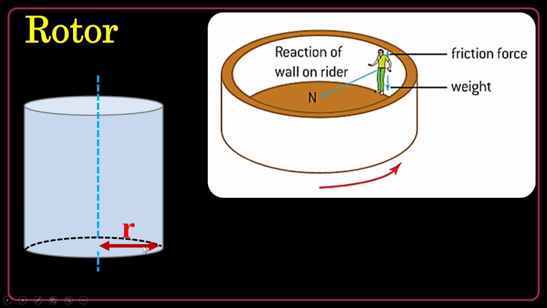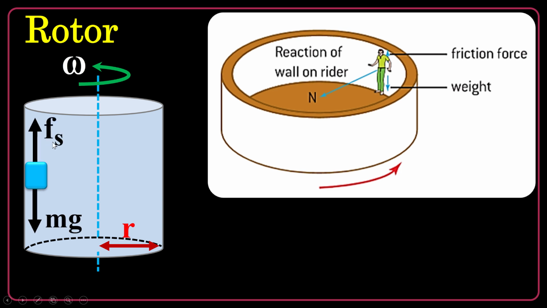Here, this is the cylinder, and let's take the radius of the cylinder to be r, and the rotation is horizontal. Here is the person or the object stuck tightly to that cylinder and won't drop. Why won't it drop? Because there is mg downward, but static friction hopefully cancels that.